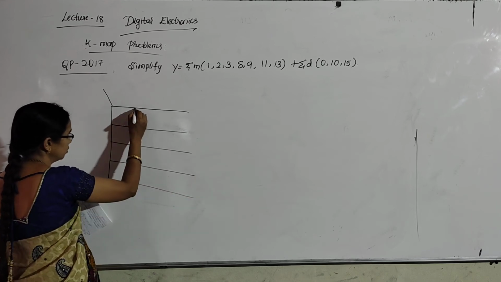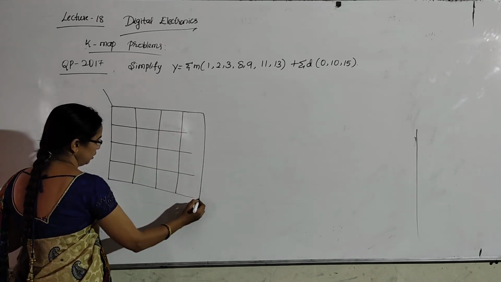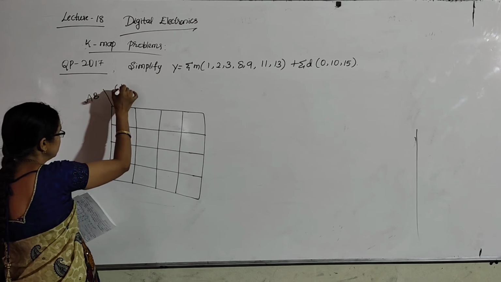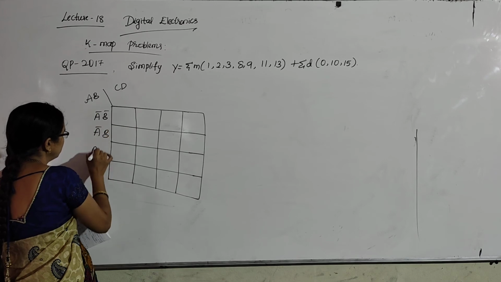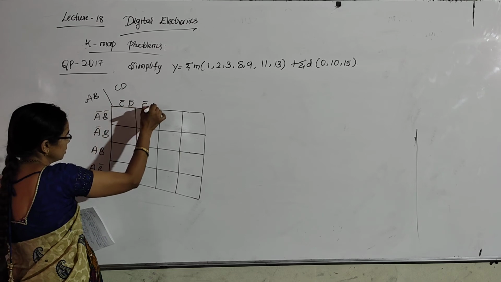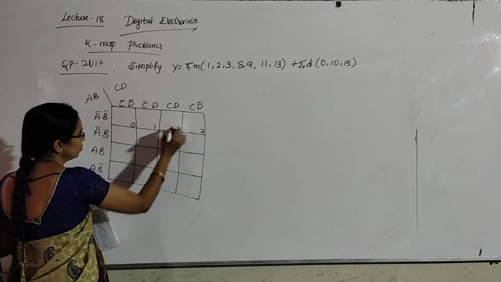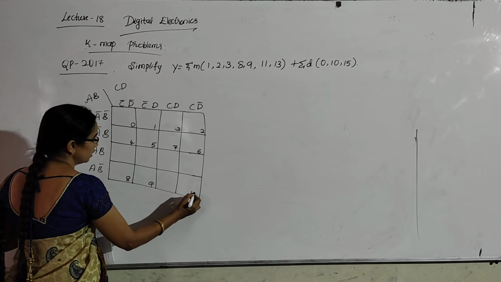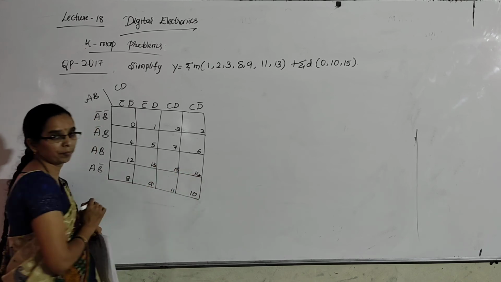Plot the K-map, mark all the ones, and also don't care conditions. This AB this side, CD this side: A bar B bar, A bar B, A B, A B bar; C bar D bar, C bar D, C D and C D bar. 0, 1, 2, 3, 4, 5, 6, 7, 8, 9, 10, 11, 12, 13, 14 and 15.